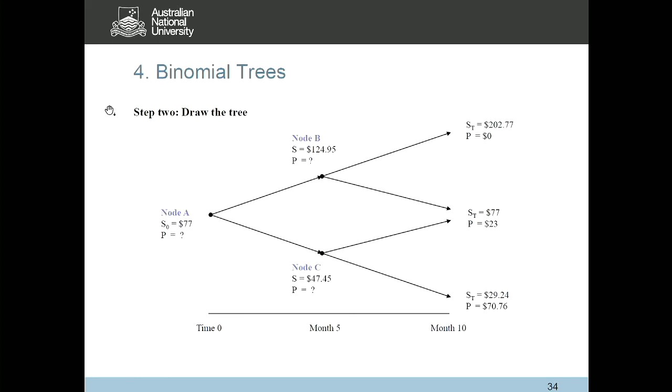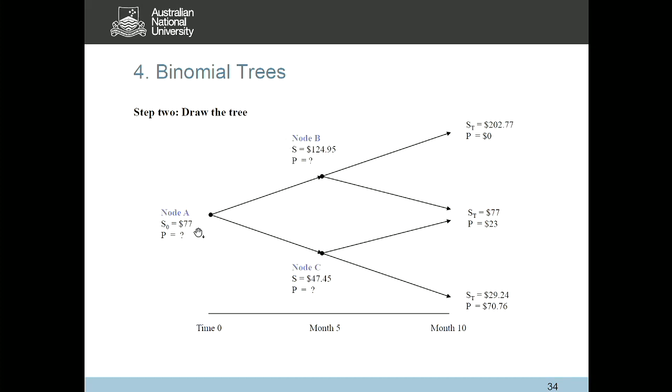Step number 2 is to draw your binomial tree. The way you draw the tree is you take the current share price, 77, and multiply by the proportional increase. The little u we just calculated is 1.62. So we take this $77, multiply by 1.62, and we get a price up here of 124.